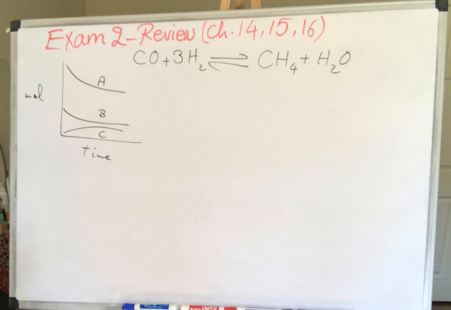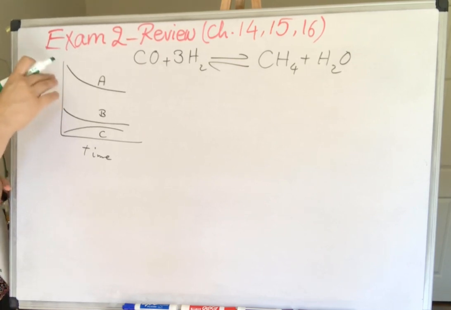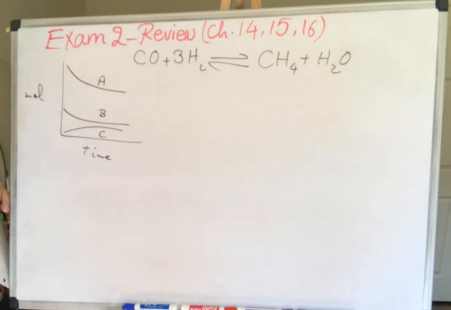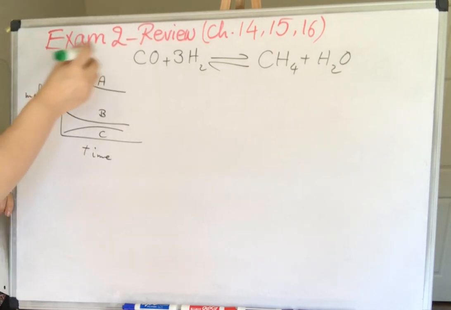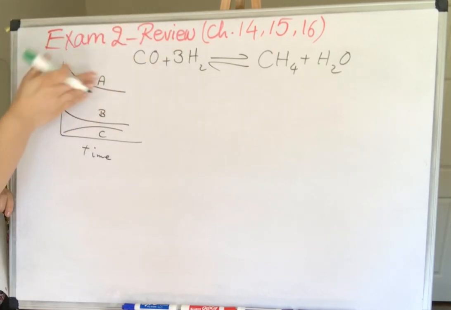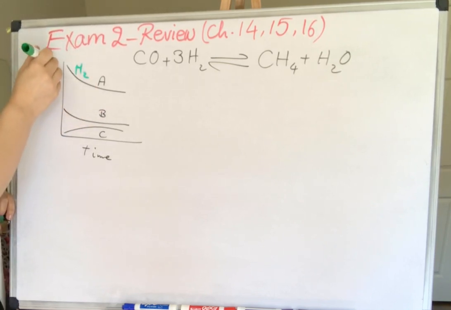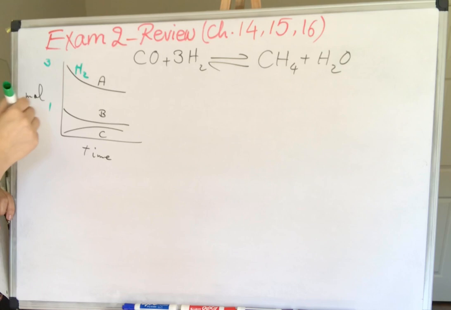Which component of the reaction mixture is represented by curve B? The key is in the initial number of moles of the reactants, which is already mentioned in the question. You have 3 moles of H2, 3 times as much as the other one, so if H2 is 3 moles, the carbon monoxide would be 1 mole.